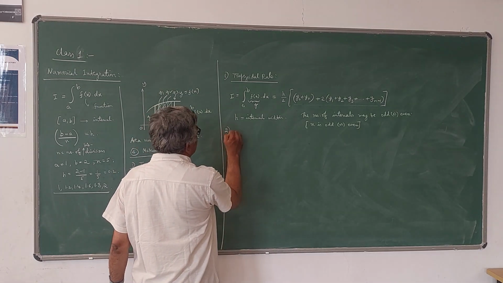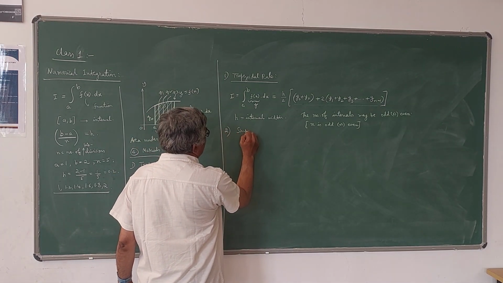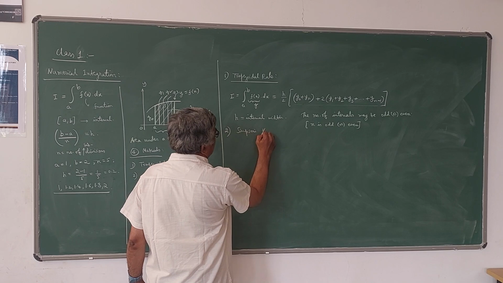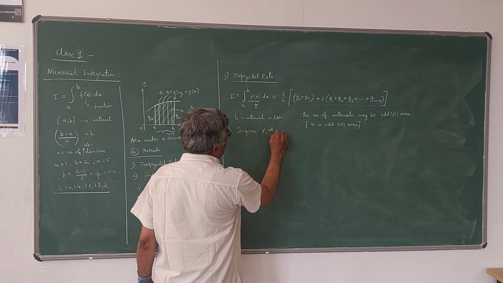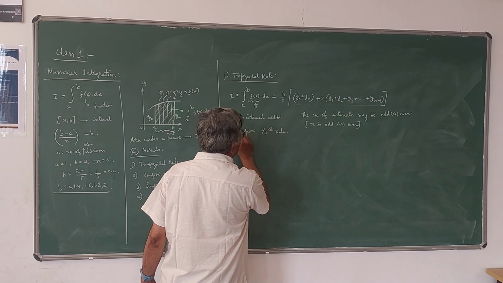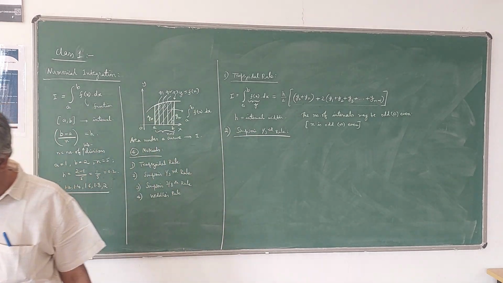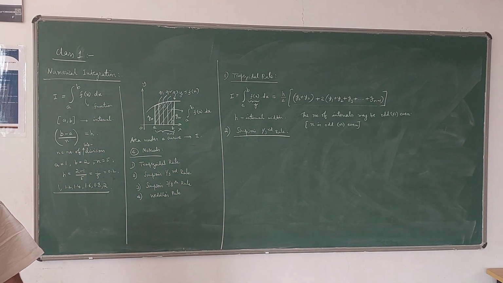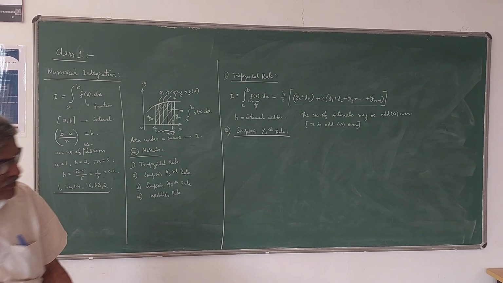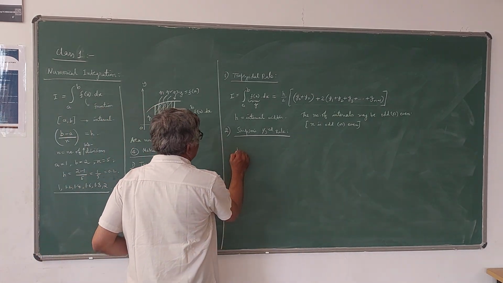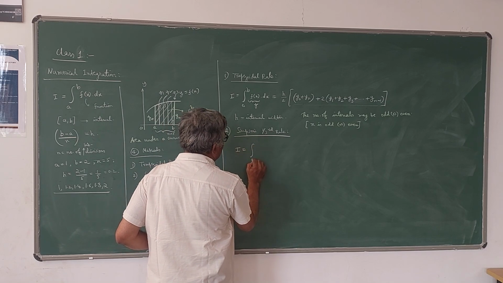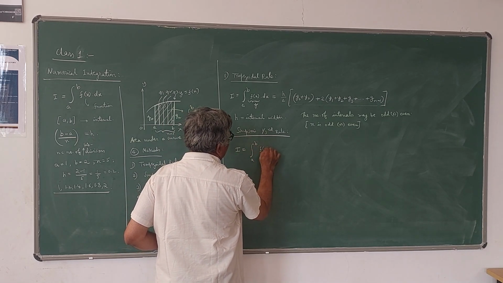Second one is Simpson's 1/3 rule. You have to remember this formula. Once you know the formula, the rest of the procedure is very easy. I will give the formula; it is similar to that. I is equal to h by 3, where I is the integral a to b f of x dx.